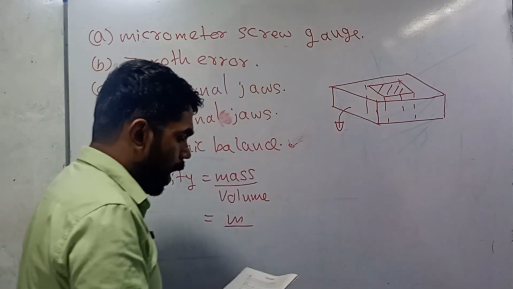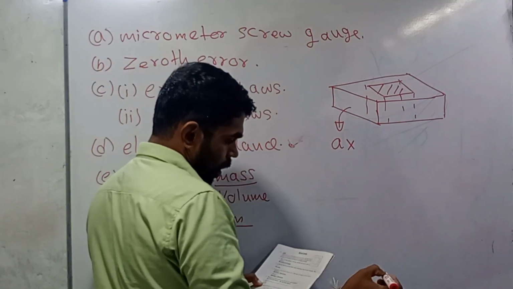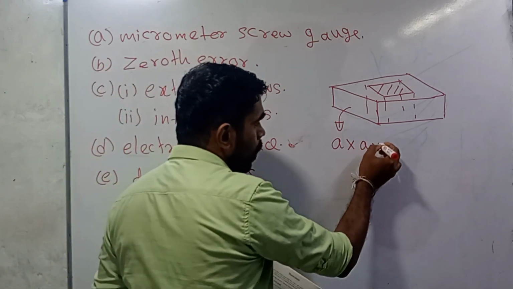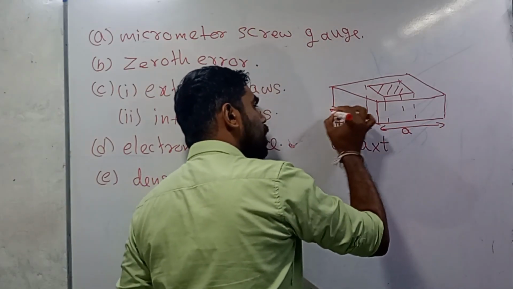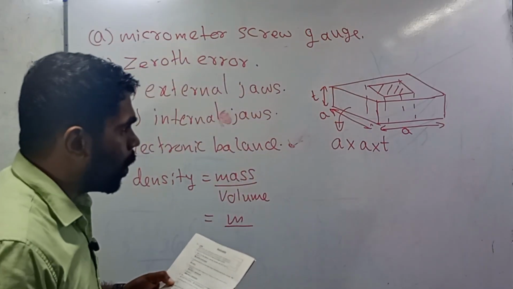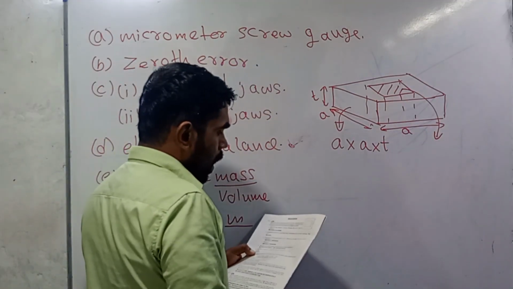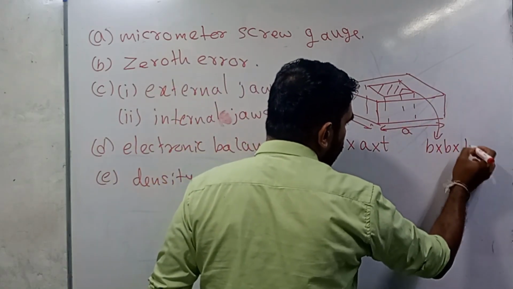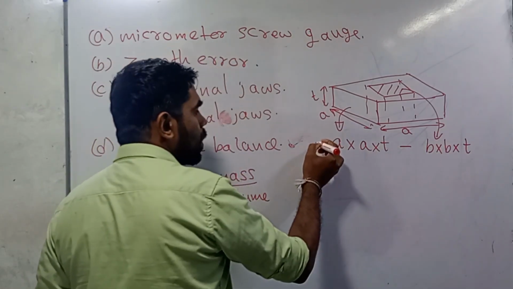The external length is A, then we can get A into thickness: length A, breadth also A, thickness is T. It is the volume of the large cuboid. Then we can consider the volume of the small cuboid. Its length and breadth are B, so B into B into T. Then we have to subtract this expression from this one to get the volume.